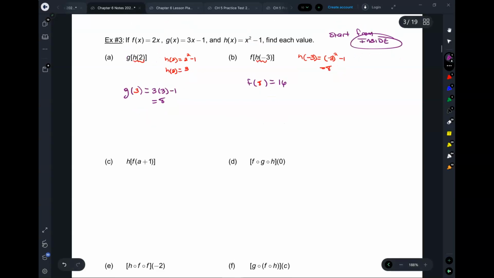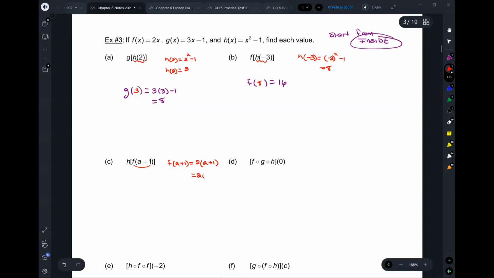Okay. Here, start from the inside. f of a plus 1. f of a plus 1 is, this is why we were doing all this stuff in the previous chapters, right? They weren't because, you know, we just felt like it. 2a plus 1, right? Because it's 2x.